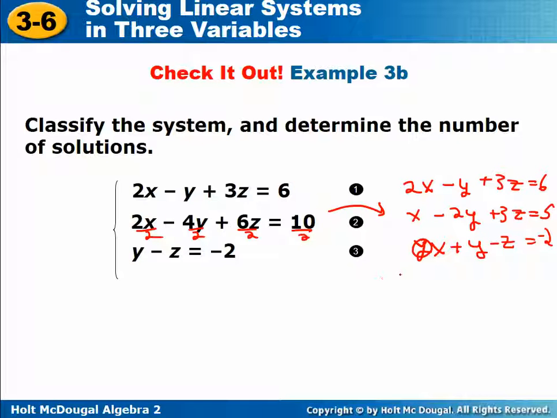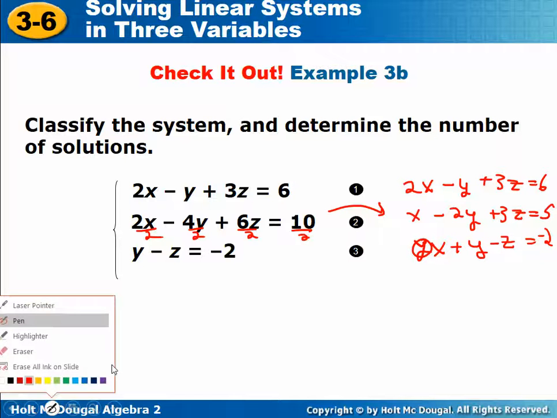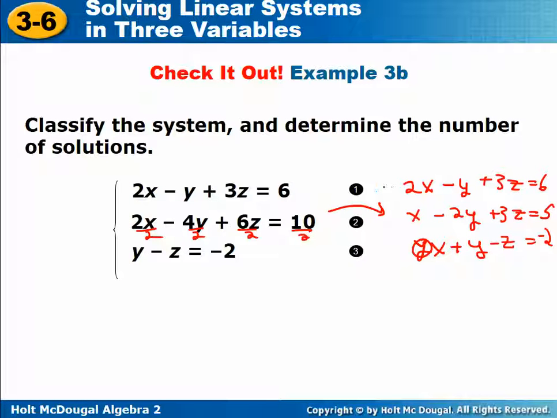All right, I'm going to eliminate the y term. I'm going to add number 1 and number 3 together. So I would have 2x minus y plus 3z equals 6, and the bottom one was 0x plus y minus z equals -2.